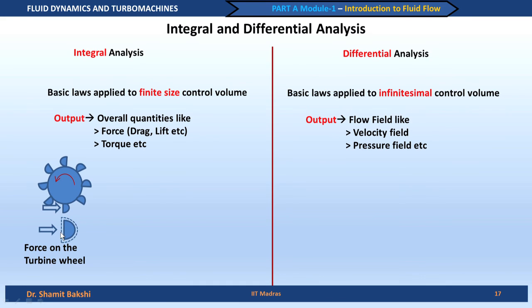The control volume we will introduce at the beginning of the next chapter, but it essentially means a fixed region in space which can exchange both mass and energy with the rest of the space. By doing this analysis we can find the force in this case, or let us say we have a rocket, and we can take a control volume in the rocket and find the thrust acting on the rocket.